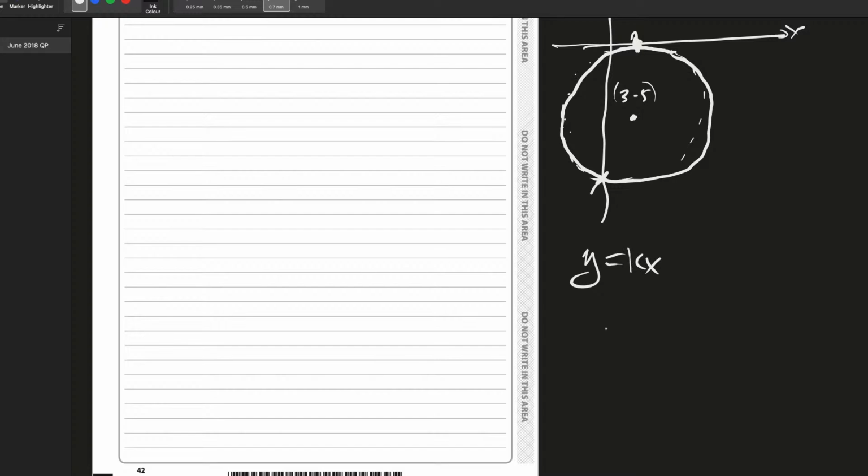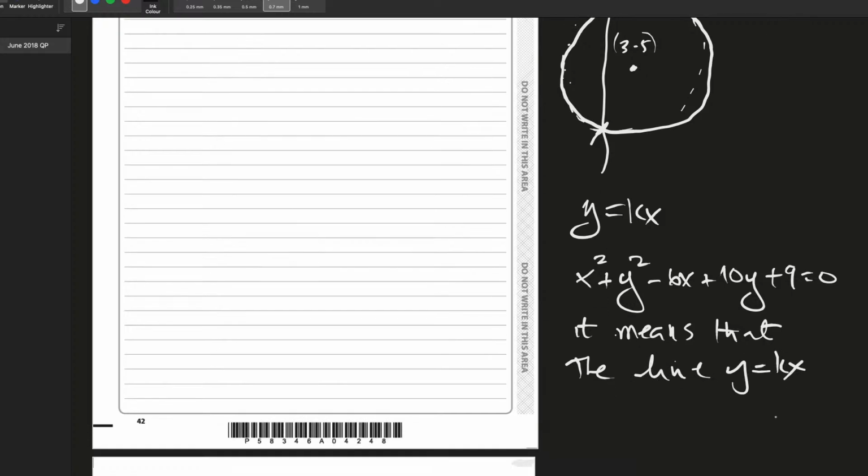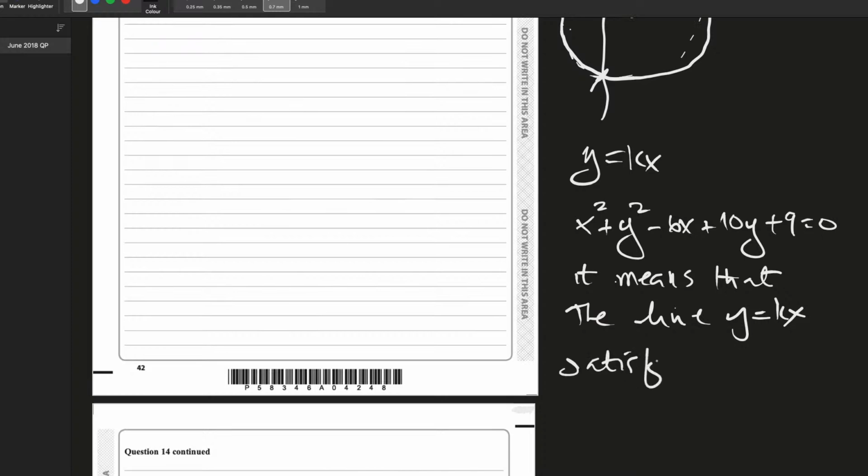Now since we know the curve, which is x squared plus y squared minus 6x plus 10y plus 9 is equal to 0, it means that the line y equals kx satisfies the curve when it cuts at that point.